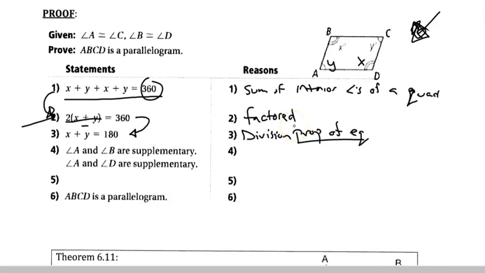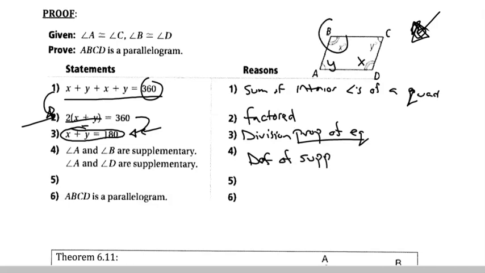Next, how do we know that angle A and B are supplementary and A and D are supplementary? Well, if we look at this, we know right here, we said that they add to be 180. So why are they supplementary? Definition of supplementary.